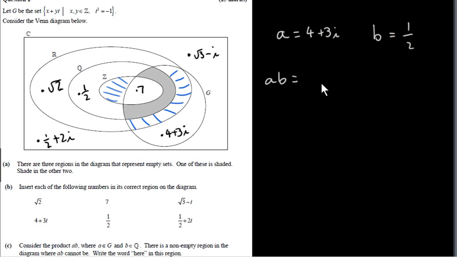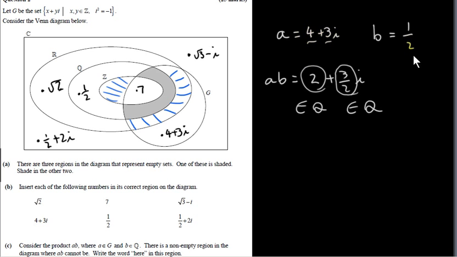What happens if we multiply A by B? Well, we multiply a half by 4 plus 3i. Half times 4 is 2, half times 3 is 3 halves. So we get this number. Notice that both parts of this complex number are rational numbers. And that's always going to be the case. If we multiply a complex number with integer parts by a rational number, like a half, then we're going to get a complex number with rational parts.